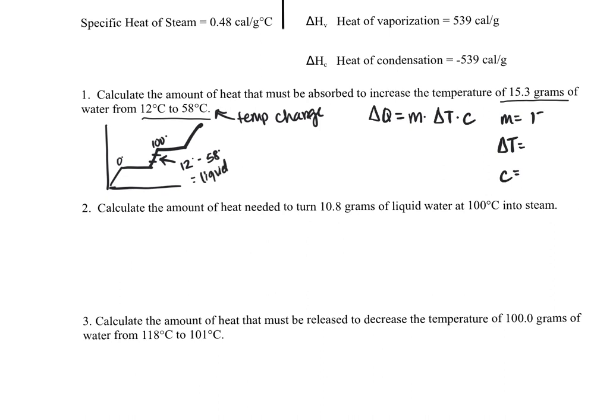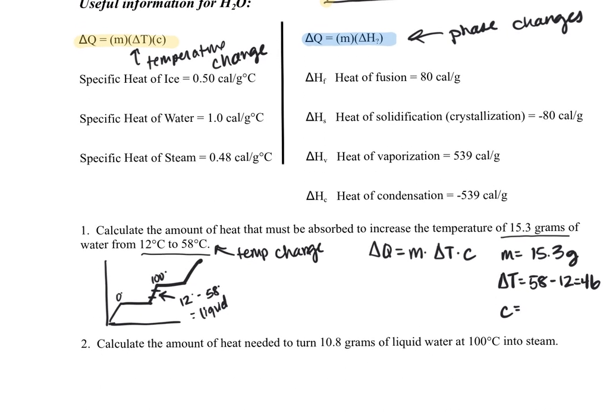My mass is 15.3 grams. My change in temperature, so we end at 58. We started at 12. The difference there that we see is 46. And the specific heat that I want to use, I want to choose the specific heat of liquid water, which is going to be 1 calorie per gram degrees Celsius.